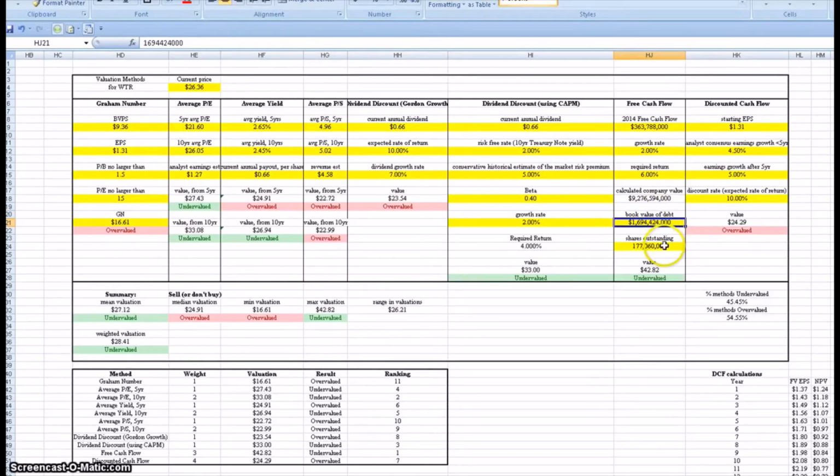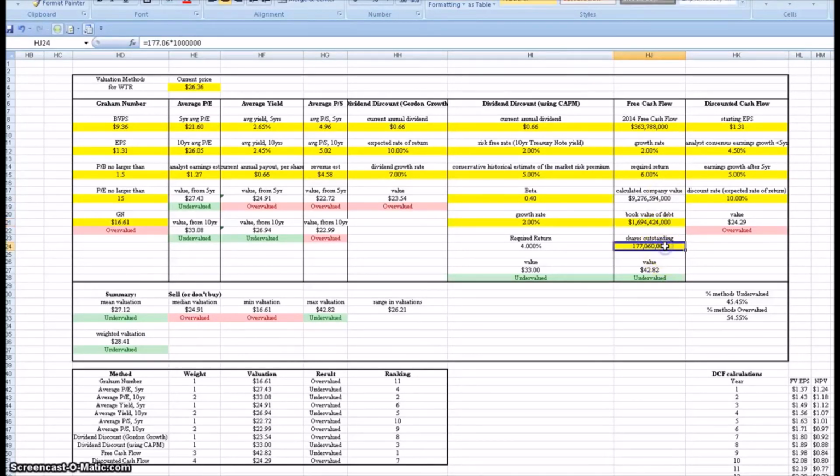So you also need their outstanding shares. You can get this again from Google Finance or Yahoo Finance. So 177 million shares. And so therefore, if you calculate the company to be valued at $9 billion, and they have about 1.7 in debt, you subtract those two, and that's how much value you're left with.